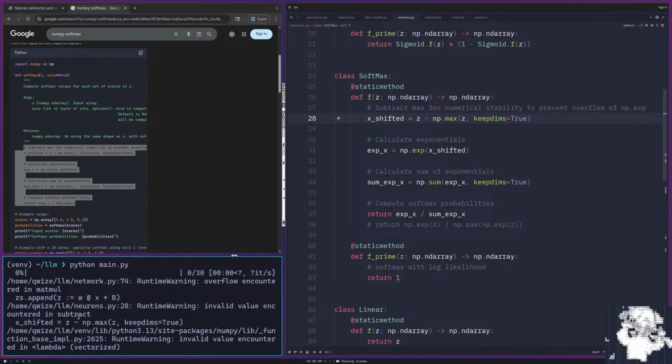Invalid value encountered in subtract, but that was only after we got an overflow in matmul.